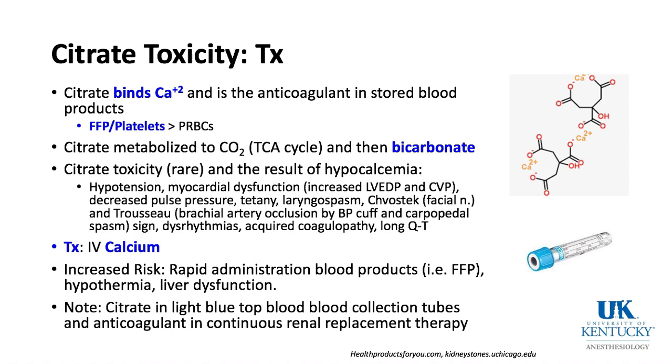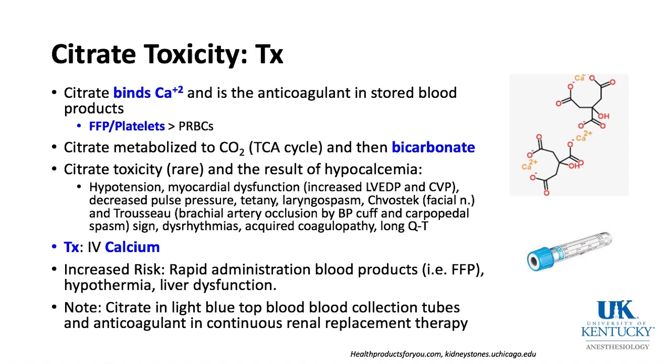Chvostek's sign is where, if you tap on the facial nerve just in front of the ear, you can get spasm in the distribution of orbicularis oculi of that facial nerve. And the Trousseau sign, which is basically if you blow up a blood pressure cuff on an arm, the arm gets ischemic, carpopedal spasm occurs, the hand contracts.